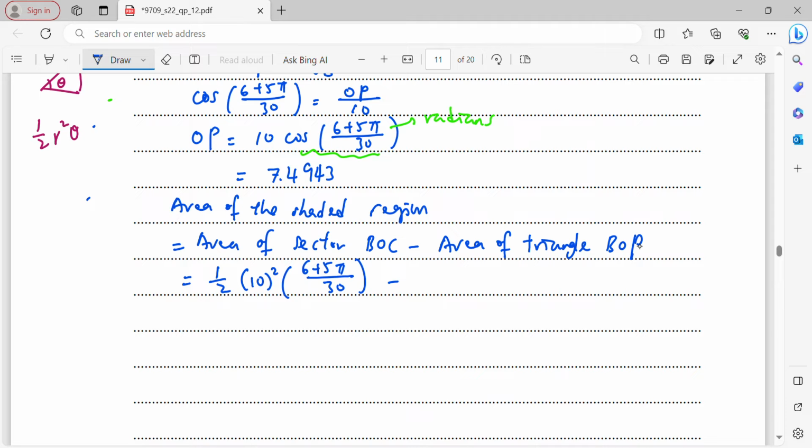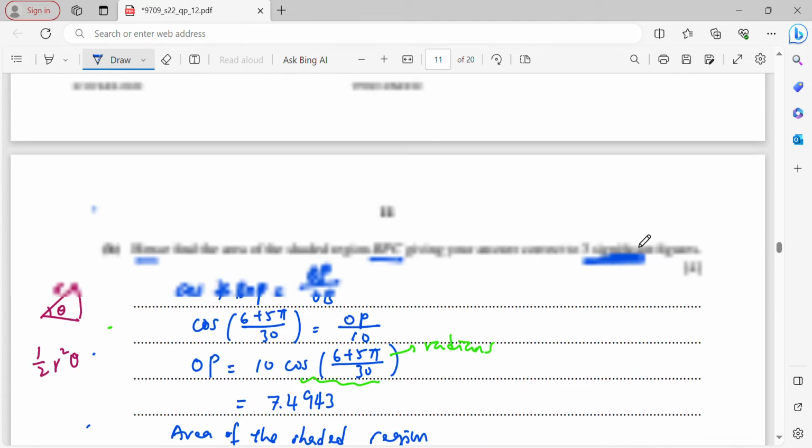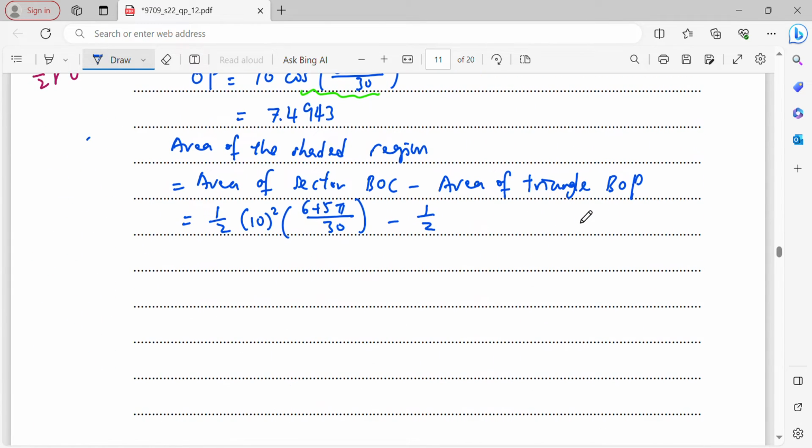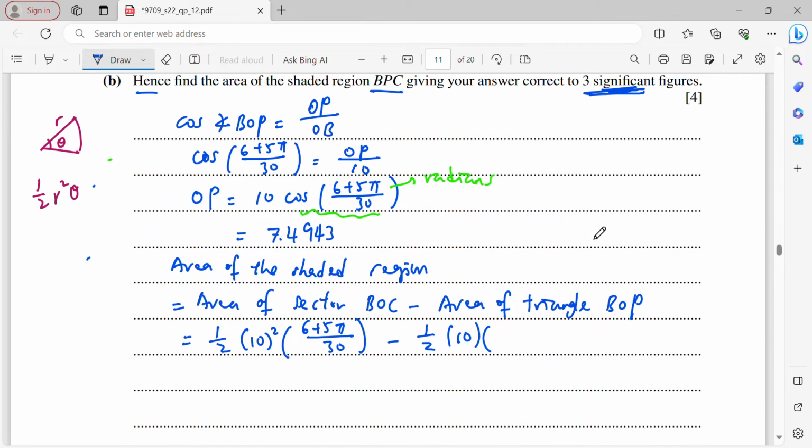Minus area of triangle will be half. Look at the diagram. Area of triangle is half 10 OP sine angle. Okay, so I will get half times 10 times OP. My OP is this 7.4943, then sine of the angle.